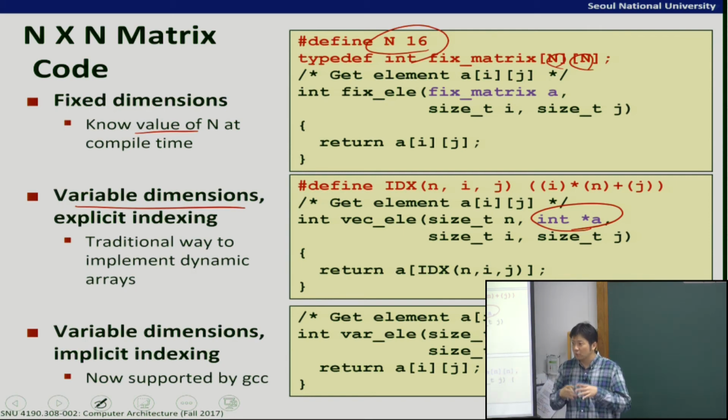Is it 1-dimensional, 2-dimensional, 3-dimensional, or what's the entire length of the array? We don't know using this code. So in this case, we explicitly give the index function like this. This one actually defines the index. In this case, n is the column size.